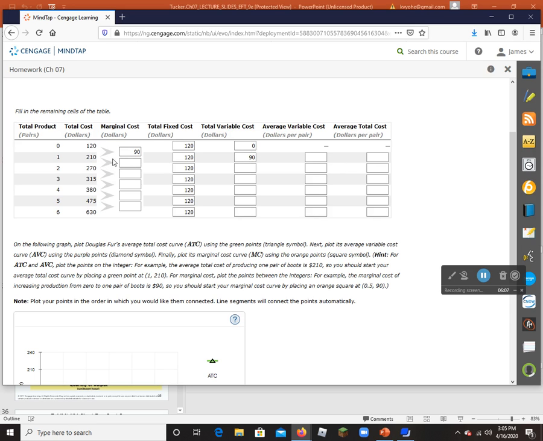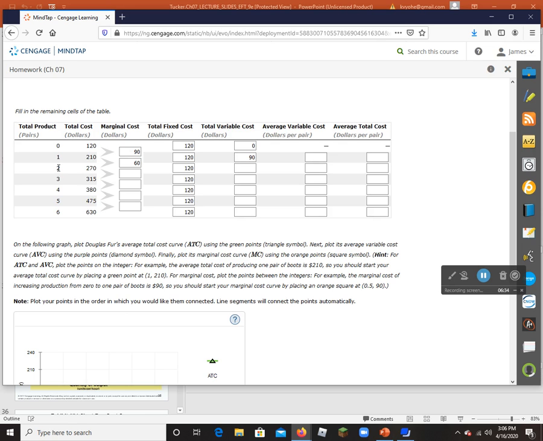Now, the next unit of output, if we go from 1 unit to 2 units, we have $270 in total cost, and we had 210 before. So you can see here, as we go from 1 unit to 2 units, total costs go up by $60. So that is the marginal cost of producing the second unit.